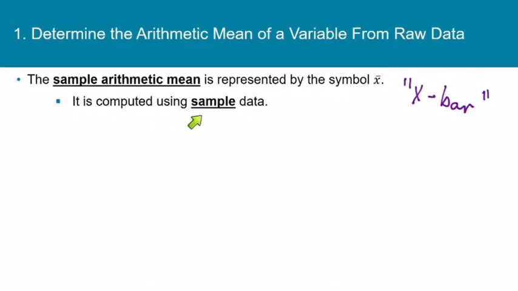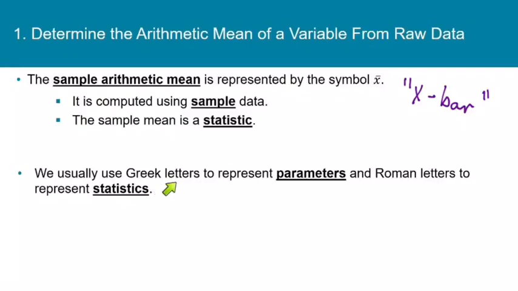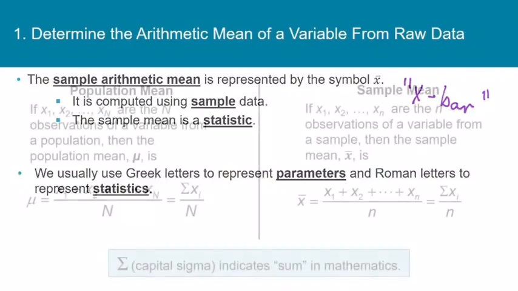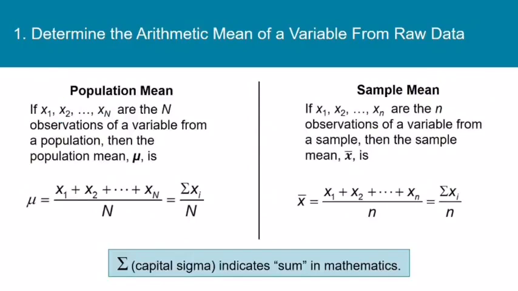This is computed using sample data. And the sample mean is a statistic. So remember, X bar is the sample mean, and it is a statistic. And the way you keep this straight is S for sample, S for statistic, P for parameter, P for population. And we typically use Greek letters to represent parameters, and then Roman letters, or what would be regular letters to us, to represent statistics.